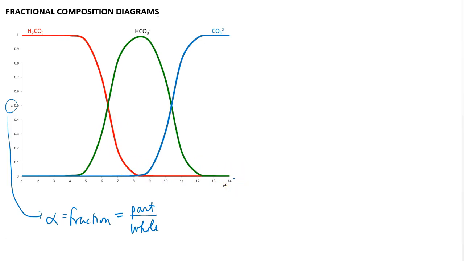So we can write an expression for the fraction of H2A. Again, that's the part over the whole. So the part would be the concentration of H2A, and the whole would be the concentrations of all the different forms in which H2A can exist.